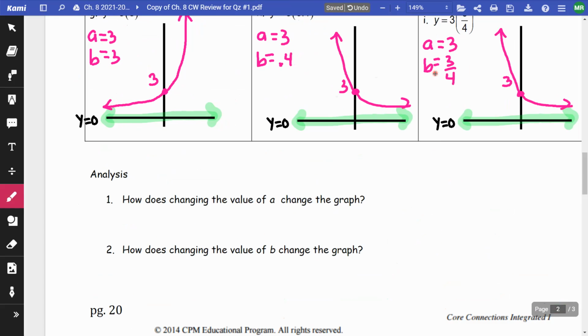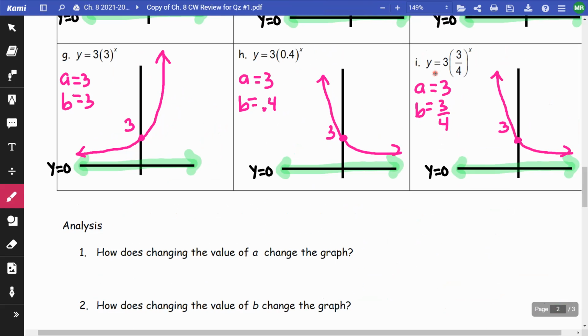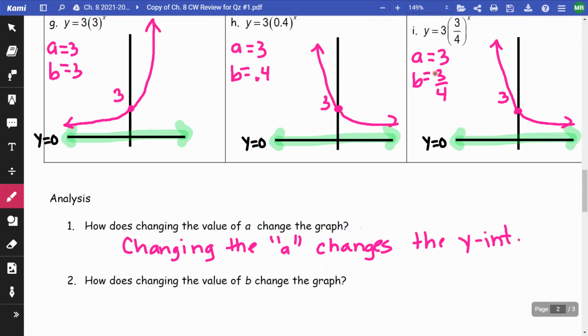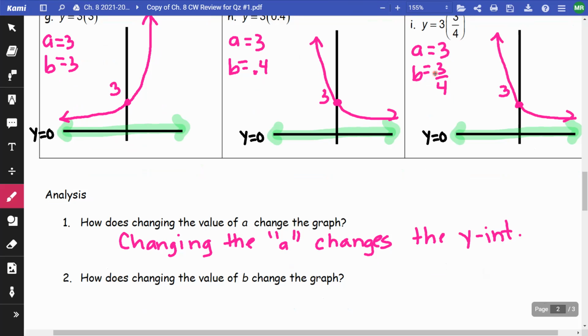Now here it says, how does changing the value of A change the graph? Changing the A changes the y-intercept. How does changing the B change the graph?